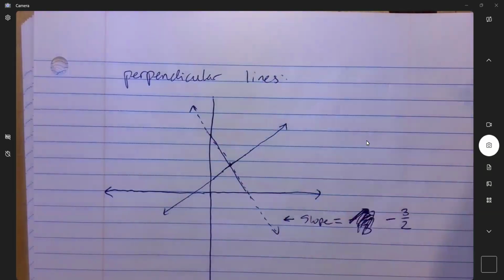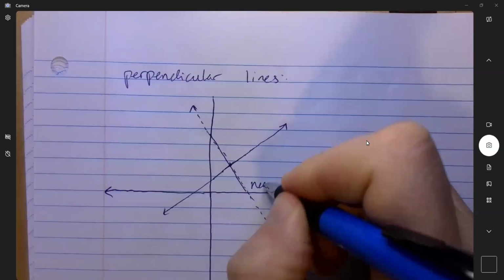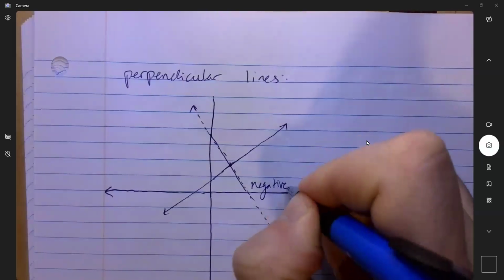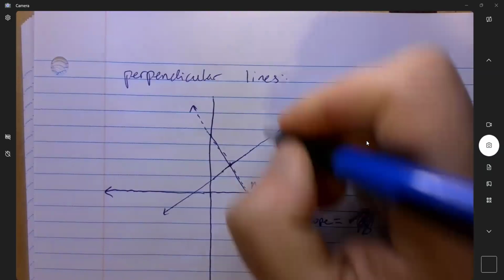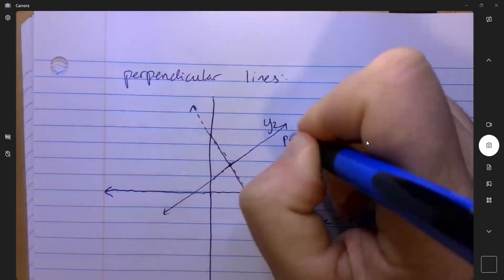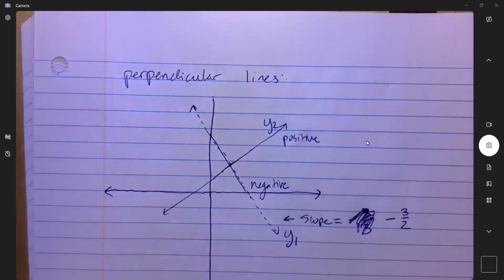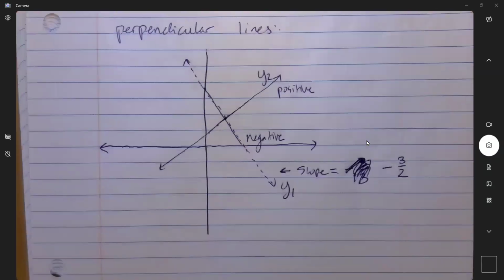the first thing I'm going to notice is that negative slope on my y1, I have a positive slope on my y2. And the second thing you need to notice, so let me write that down.